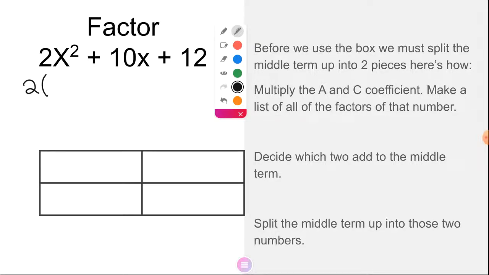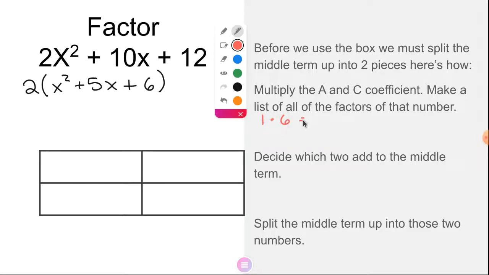So if I factor out a 2, I'm left with x squared plus 5x plus 6. Now we're going to focus on 1x squared plus 5x plus 6 in our box method to factor. So starting off with a and c. A is 1, and we're going to multiply that with c, which is 6.